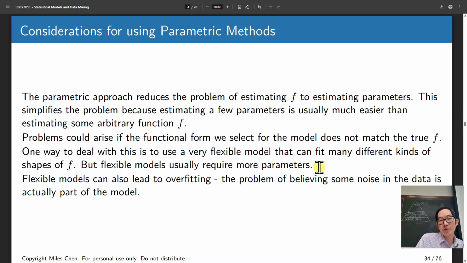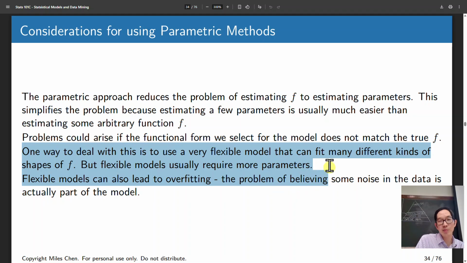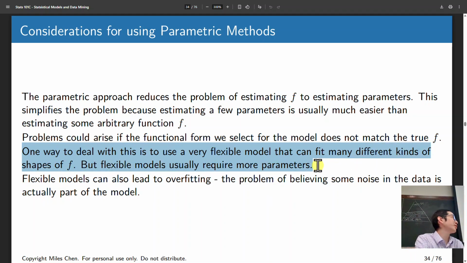And you can improve things by having more and more flexible models. You can start introducing polynomial terms, you can introduce more variables and stuff. But as you make your models more and more flexible, you have a lot more parameters that you have to estimate, right? And so now you start having to balance things out.